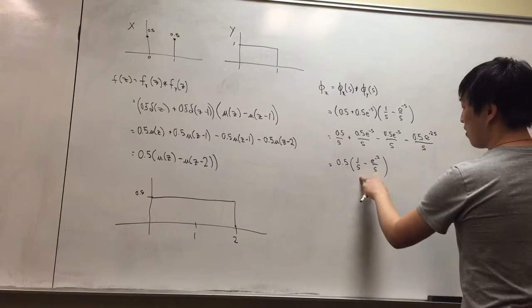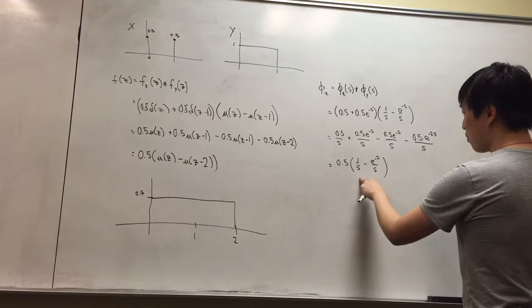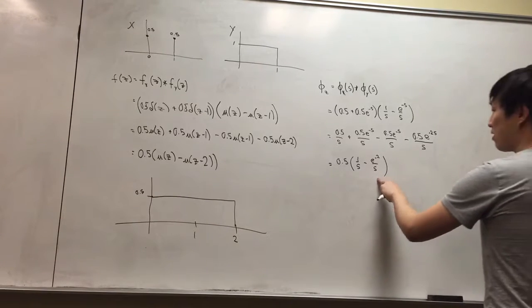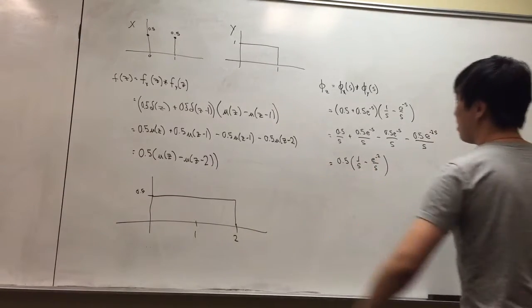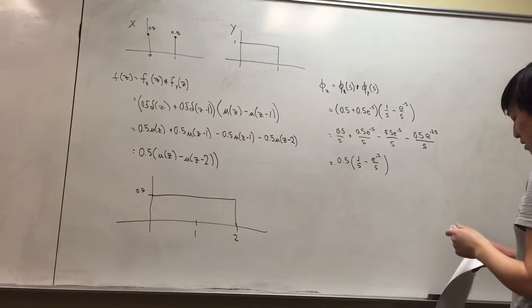We know 1 over s is equal to the unit step function in the time domain, and e to the negative 2s over s is equal to the unit step function shifted over by 2 to the right. So we have the same answer. You can choose whichever version is easier for you to understand. And that is it.